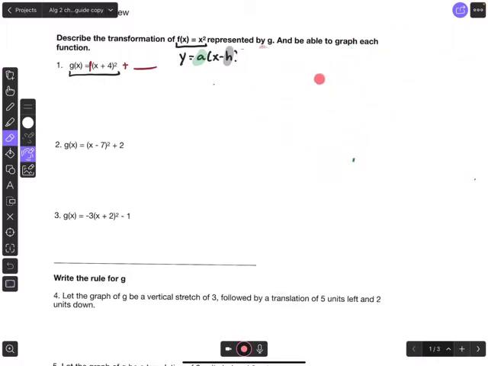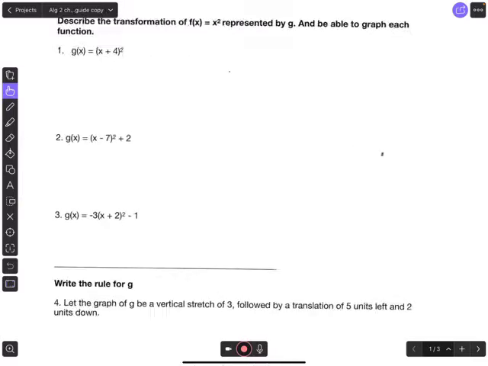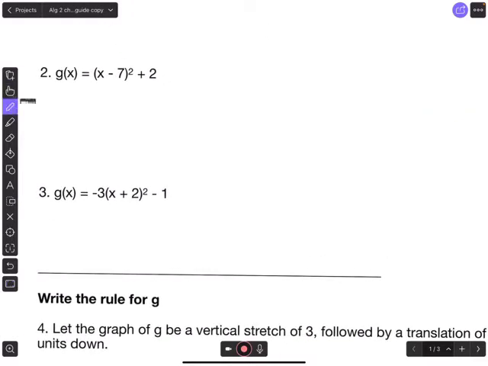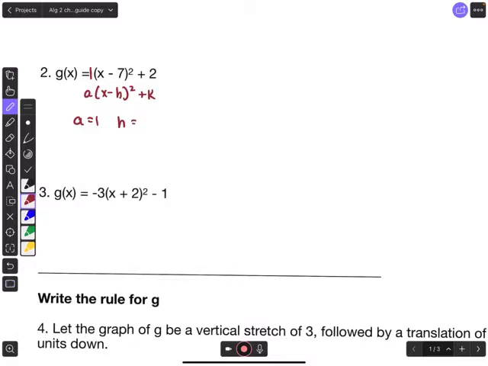So think of this as just like a blank slate, and you are presented with problem number 2 here. We'd say, okay, we've got to tell you how it's transformed. Fine, no big deal. a times x minus h squared plus k. We read a is 1, the number in front of the parentheses. h is the 7, because the x's match up, the minuses match up, therefore h has to be 7, and the k is 2.